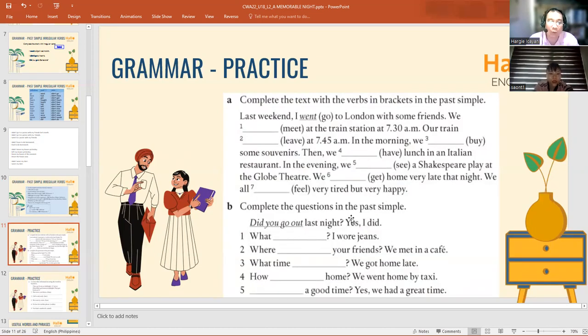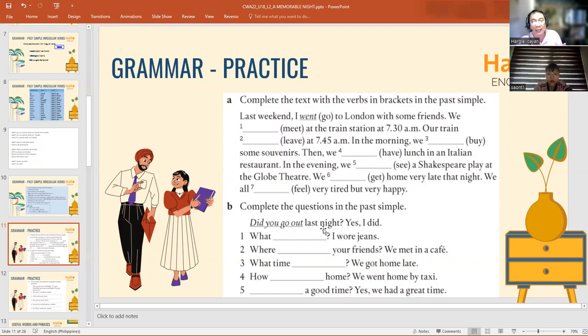Complete the questions in the past simple. Did you go out last night? Yes, I did. Remember, in answering the question, did you go out last night, the structure is did plus subject plus infinitive.